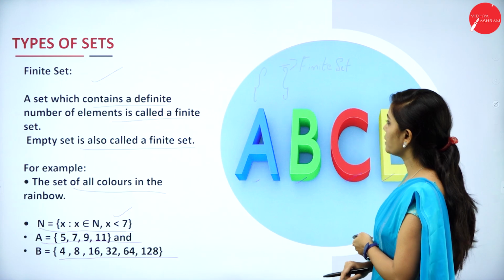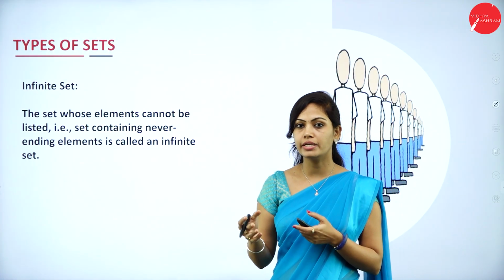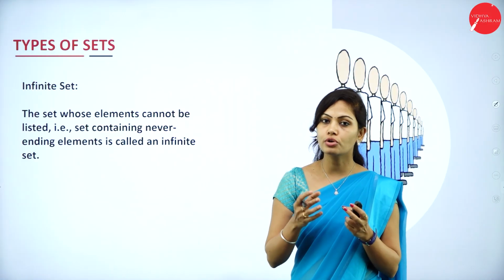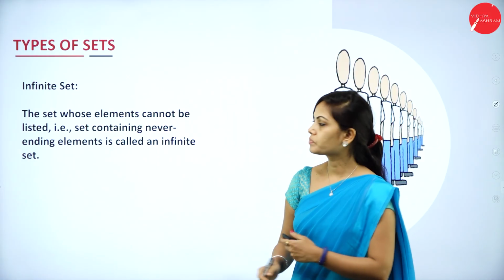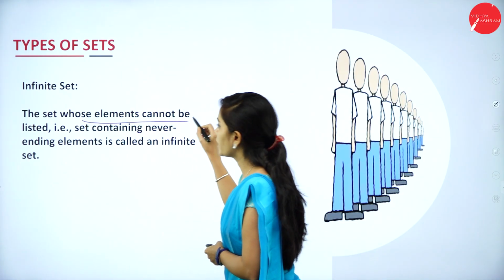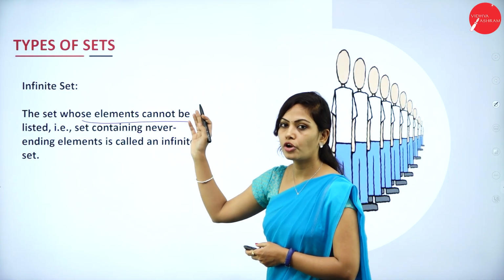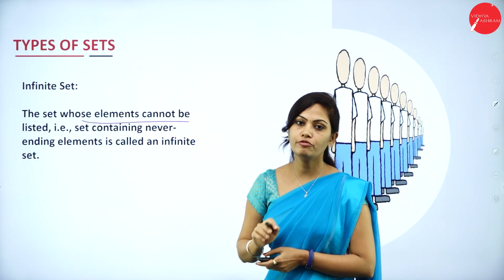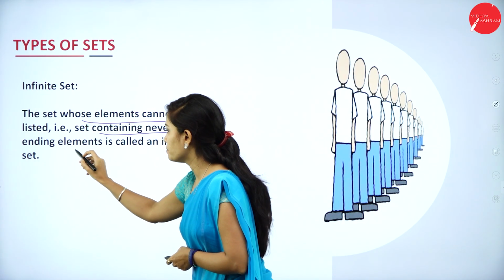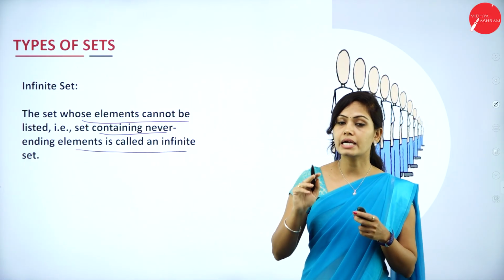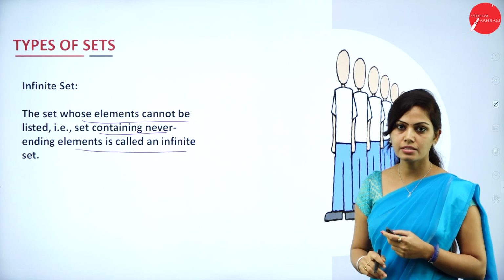And the next type is infinite set. What is infinite? We are not able to count the number of elements. That is called an infinite set. The set whose elements cannot be listed is called an infinite set. A set containing never-ending elements is called an infinite set.